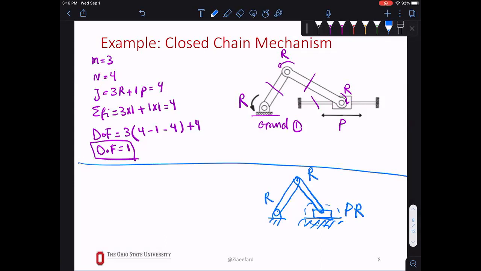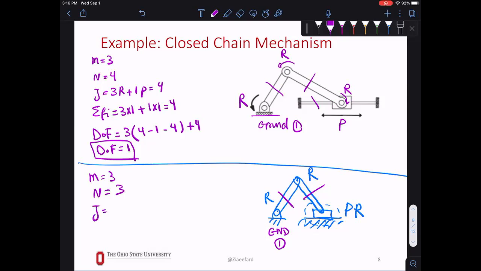This is R joint. This is R. Now when I'm counting, this is ground, 1, 2, 3. All right. So we are not counting the rod inside because we are using the combination as one joint, right? So PR means that this has the ability to move inside. Now, M is 3, N is also 3, 1, 2, 3.